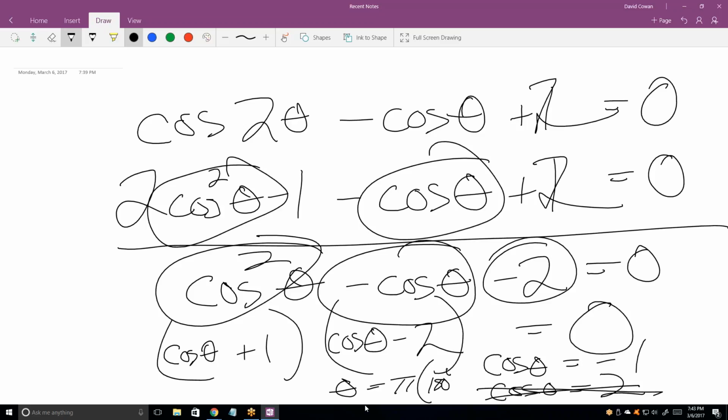Right. So that's the solution to that equation. It's only true when theta is equal to pi or odd multiples of pi. In other words, pi, 3 pi, 5 pi, and so forth.